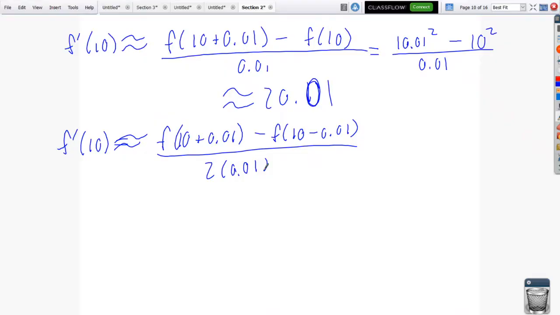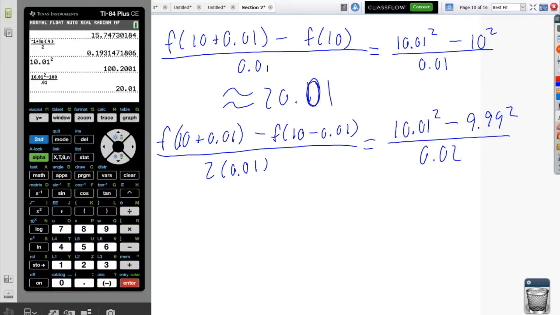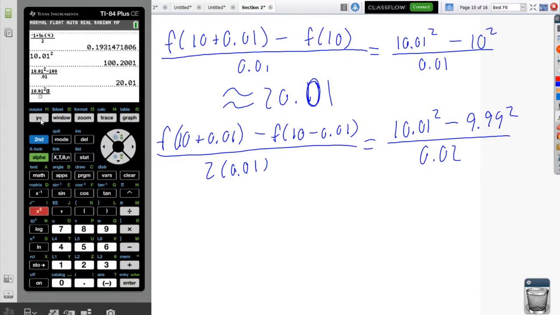Now looking at this, this is going to be 10.01 squared minus 9.99 squared over 0.02. I bust out my trusty handy dandy calculator and type 10.01 squared minus 9.99 squared over 0.02.